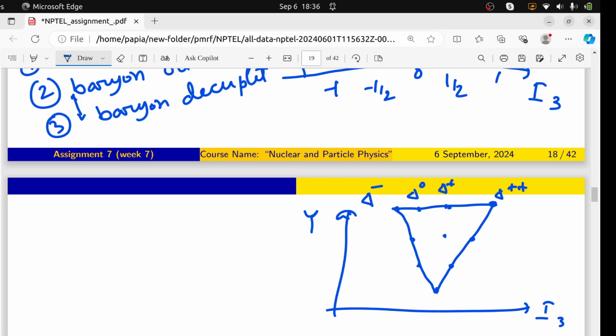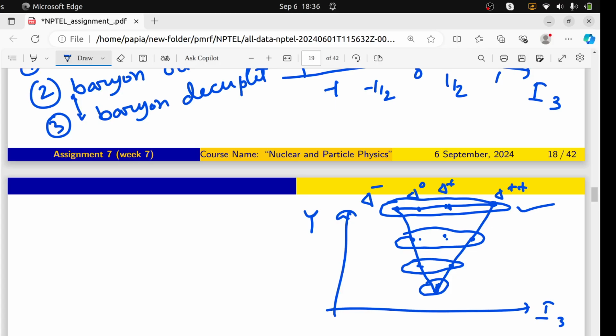So 1, 2, 3, 4, 5, 6, 7, 8, 9, 10, a decaplet, as a whole 10 particles. In that plot also, the parallel line along I3 gives the isospin symmetry: four particles is an isospin quadruplet, three particles an isospin triplet, two particles an isospin doublet, and only one particle, omega minus, an isospin singlet.